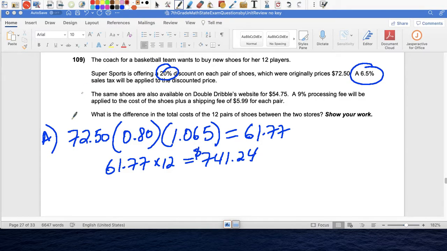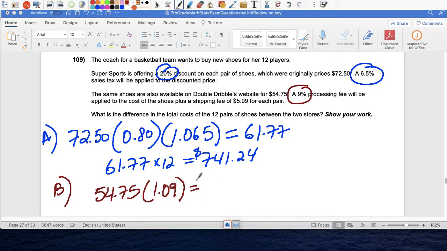In store B, it's already at a cheaper price, $54.75. The processing fee will be applied to the cost of the shoes for each pair. Think of this processing fee as tax. So for each shoe, we add a little tax. It's not called tax, it's processing fee.